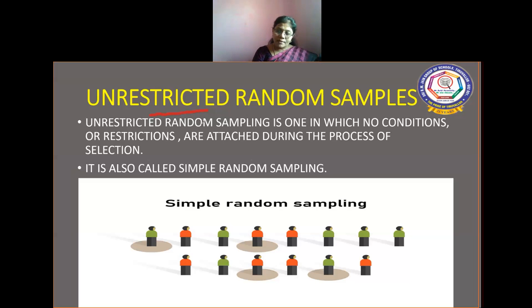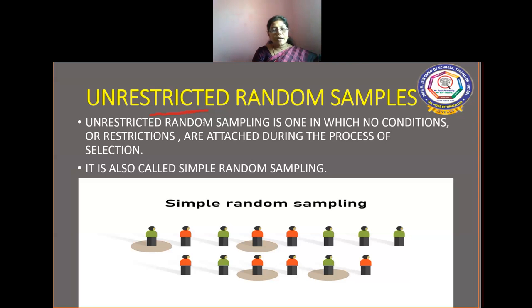So the sample may be selected on a draw of lots basis, that is, a chit or a card is prepared for each student, and these cards are then shuffled and thoroughly mixed. Then one by one we can select the required number of cards. We can pick them at random.